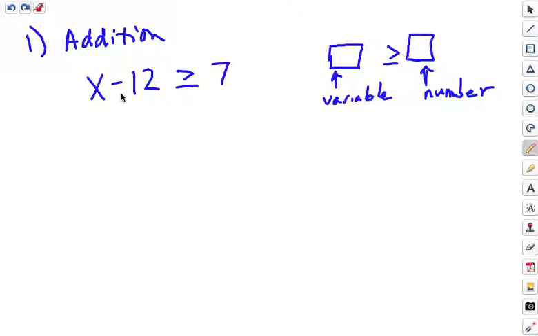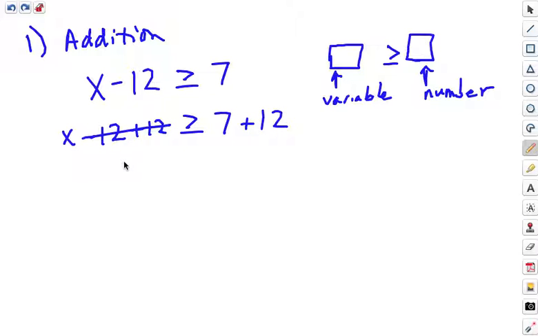To do that we need to get one side of the greater than or equal to sign by itself, just like we would with an equation. So we're going to use addition. If we add 12 to both sides, we get that x by itself. So we have x minus 12 plus 12 is greater than or equal to 7 plus 12.